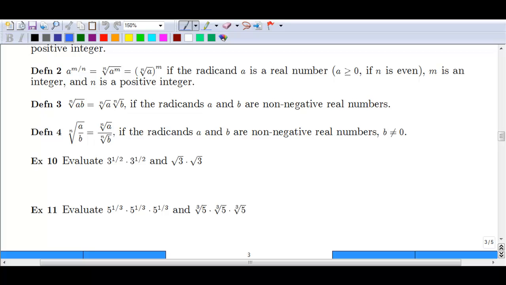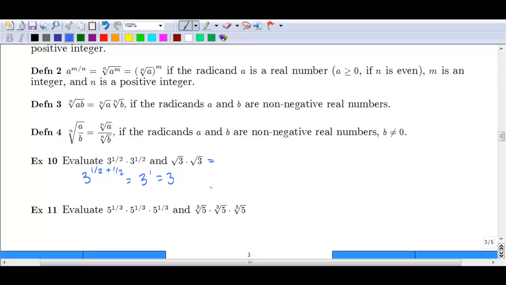Now let's take a quick look at how those definitions work. So for instance, if we look at 3 to the 1/2 times 3 to the 1/2, using the laws of exponents, we would have 3 to the 1/2 plus 1/2, which is 3 to the first, or 3.